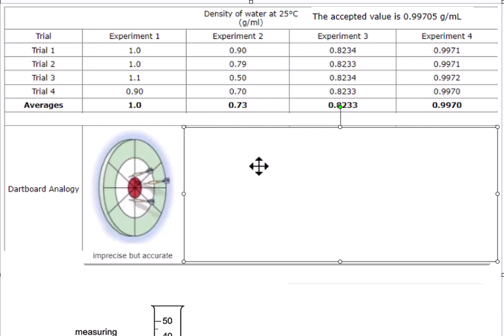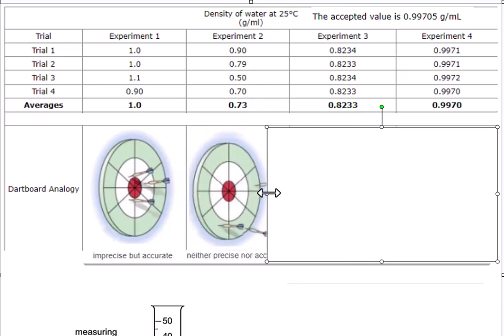Now, in this experiment, you're going to see that we've got, again, things down to 1/100th of a gram per mL, but the answers are 0.9, which is lower than you'd expect, 0.79 lower, 0.5 way lower, and 0.7. And again, with our dartboard analogy, you'd say, whoa.